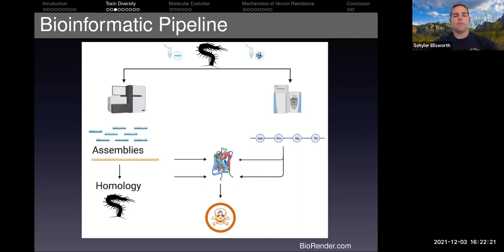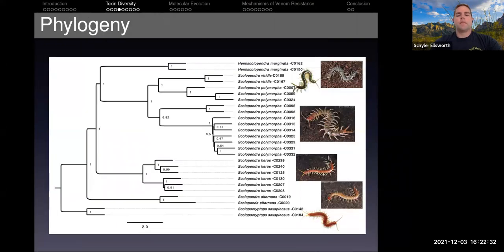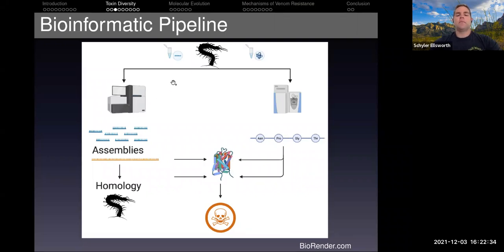I've been able to run this bioinformatic pipeline with the 26 individuals that I collected on that first map figure, collecting the proteomic data and the transcriptomic data. However, with the transcriptomic data, we don't only get the toxin sequences, we also get non-toxin sequences.